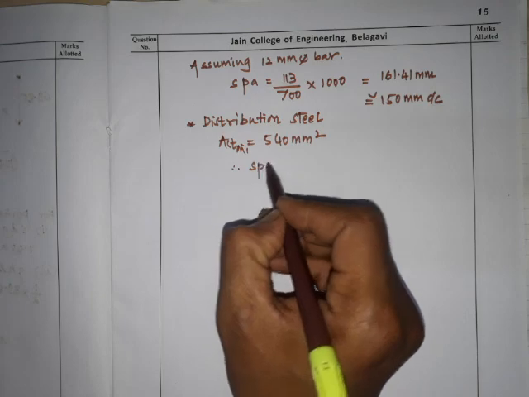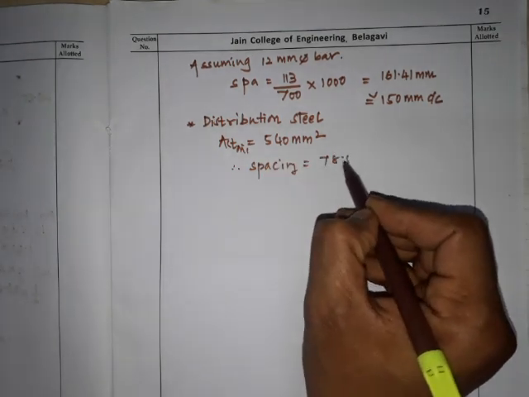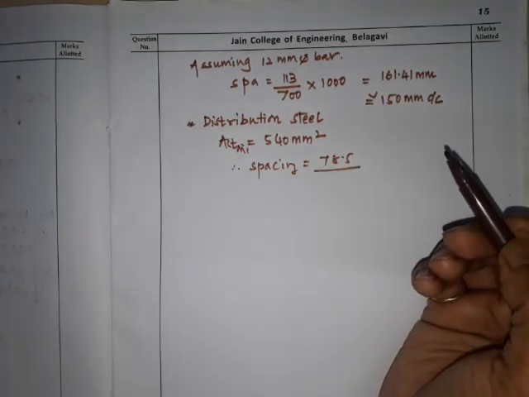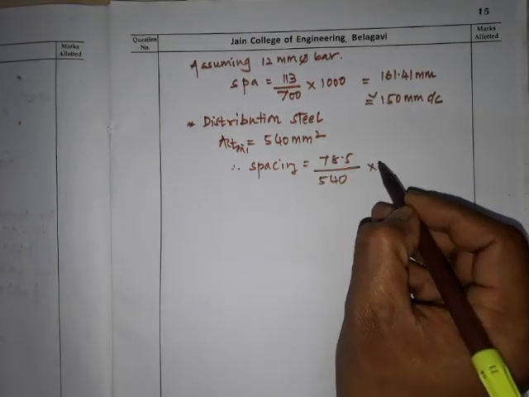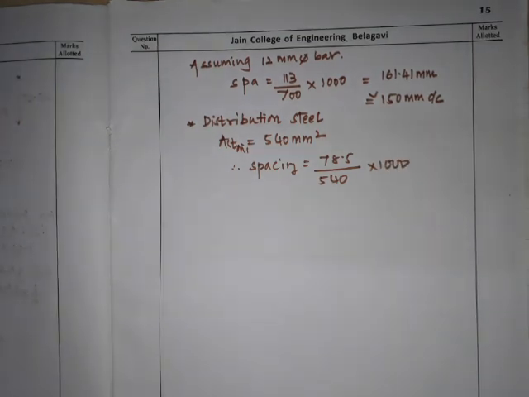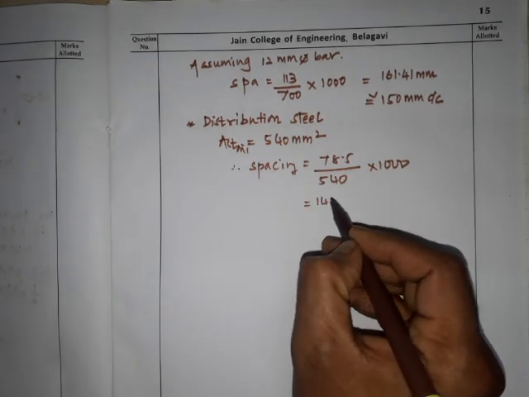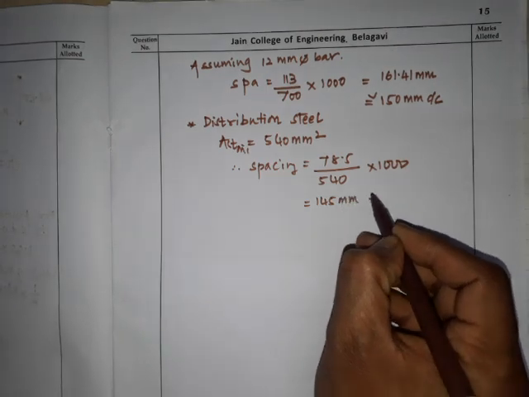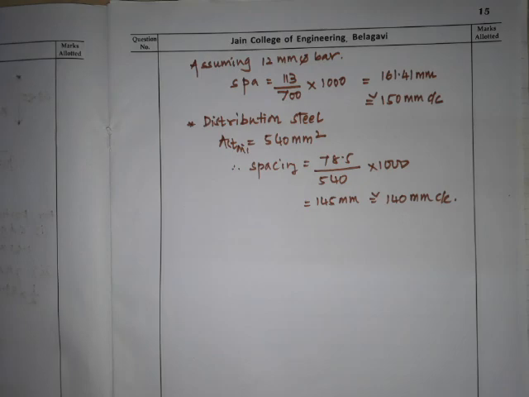So therefore, spacing is 78.5, that is area of 10 mm dia bar, divided by 540 into 1000. So we'll get this as 145 mm. So I'll consider 140 mm center to center.